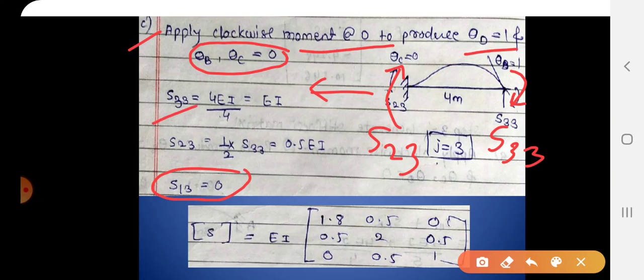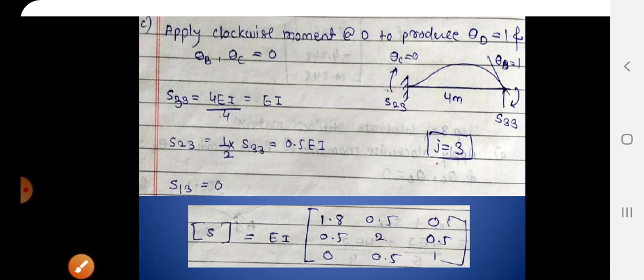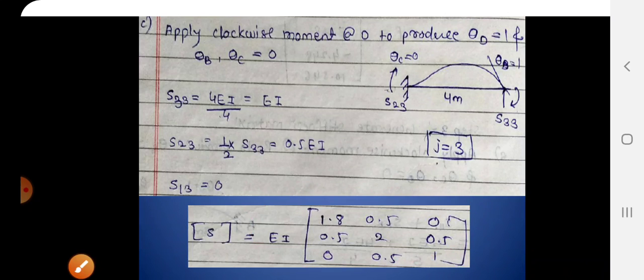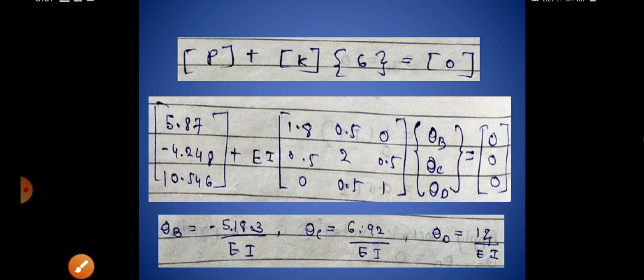S33 is 4EI by L, S23 is half of S33, and S13 is 0. So now we have determined all the 9 elements of the stiffness matrix. DKI is 3, therefore the order of the stiffness matrix is 3 by 3.